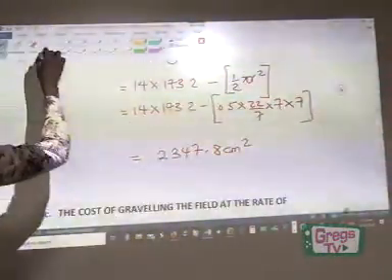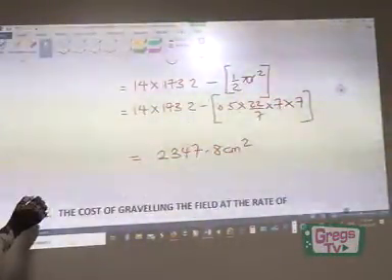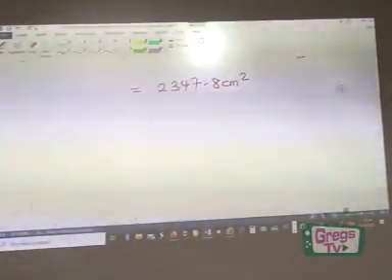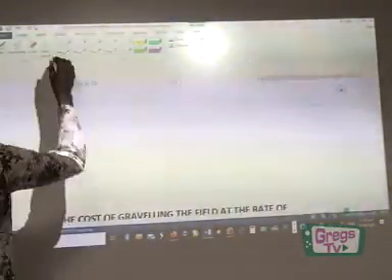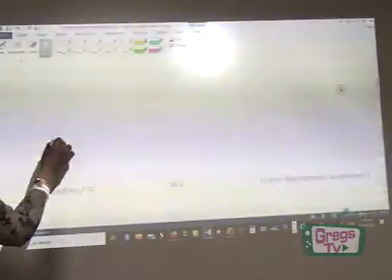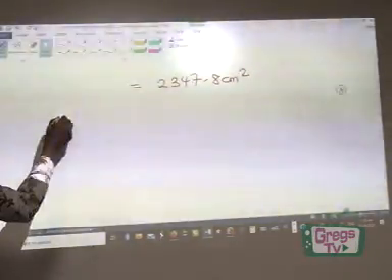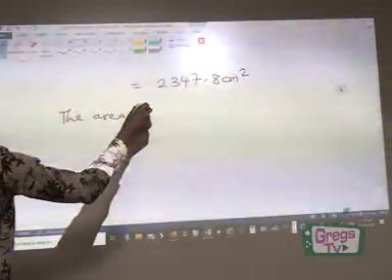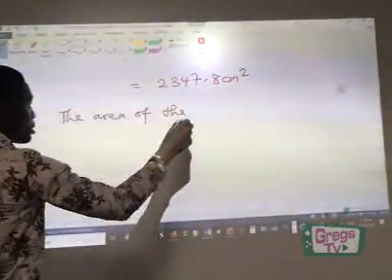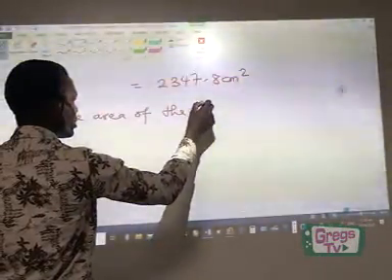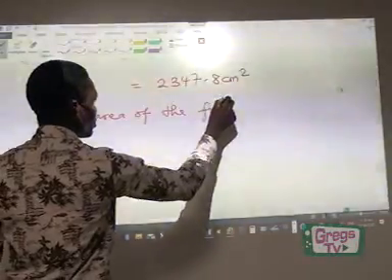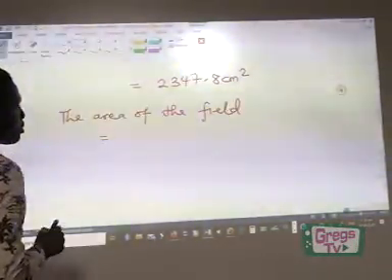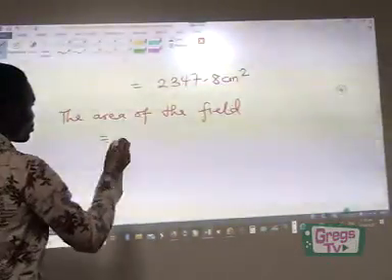Squared. So now bring this down. So quick one. What will now be the area of the field? It will be equal to the area of two rectangles. And what's that?